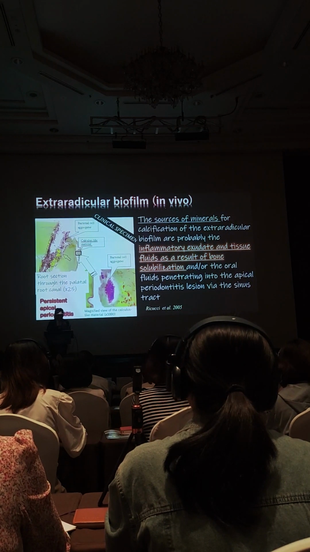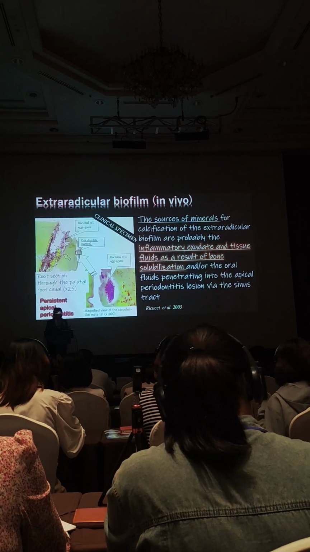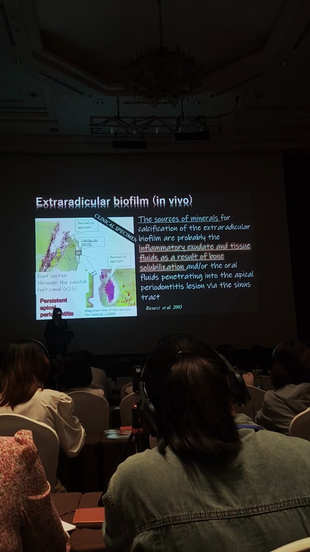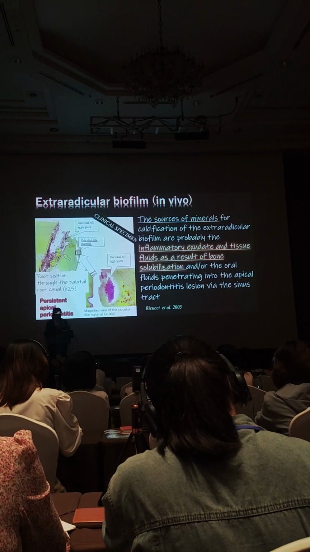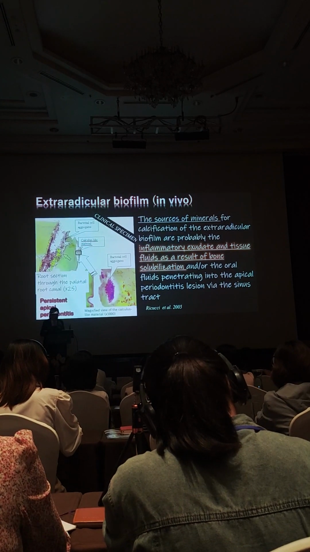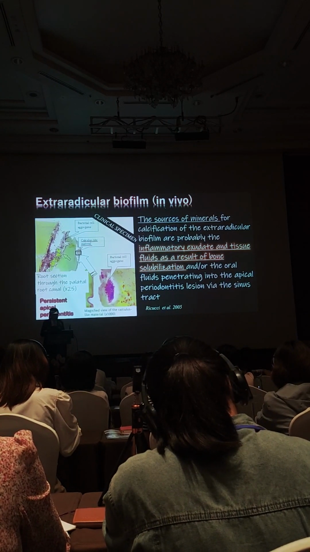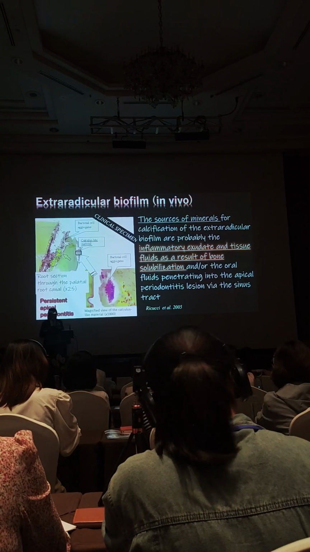So as I told you, if you have external root resorption and extraradicular biofilms, it's very difficult to remove. You have no choice but to do the surgery. Otherwise, the periapical lesion continues being there.